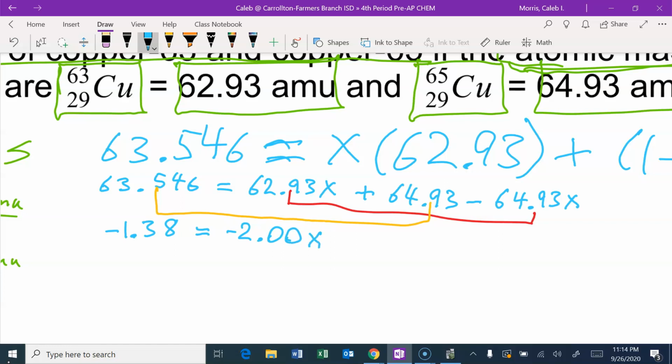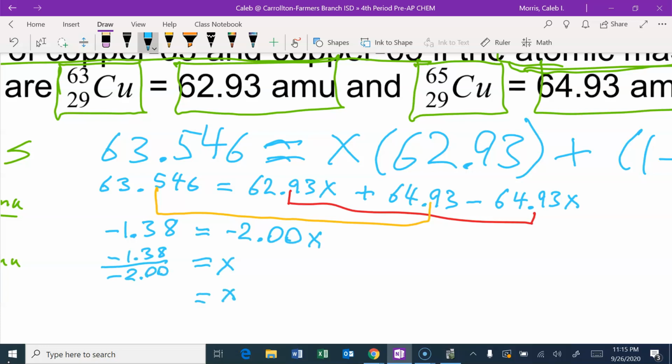So 62.93x minus 64.93x equals negative 2.00x. So now I just want to solve for x, and of course to get rid of this negative 2 I need to divide by negative 2 on the other side. So I've got to divide on both sides by negative 2, so x equals negative 1.38 over negative 2.00.